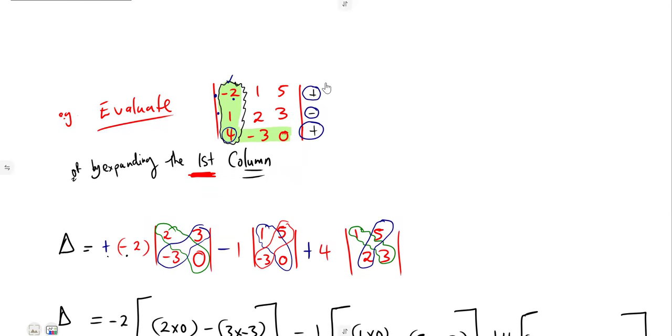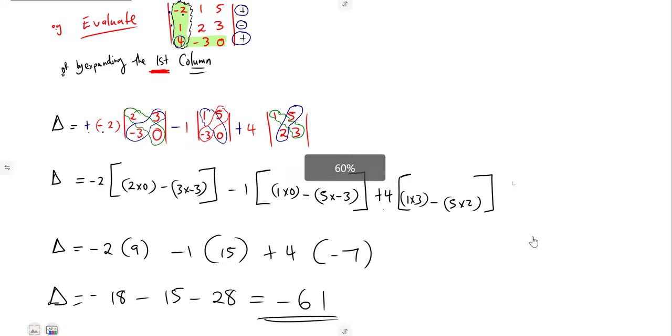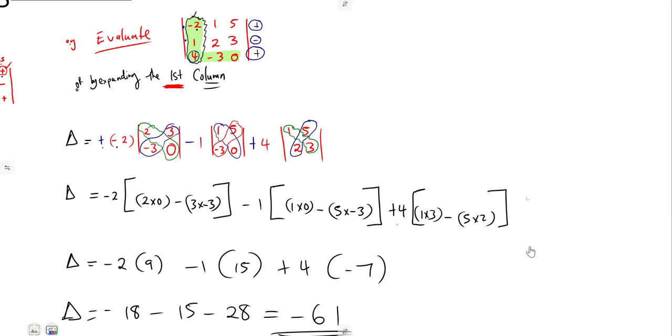So some of us will be asking in the comment section, I expanded using this one, but the answers are different. It means there's an error along your calculations. We won't know which one is wrong, whether it is the one that you expanded from the first column. So you must prove it.